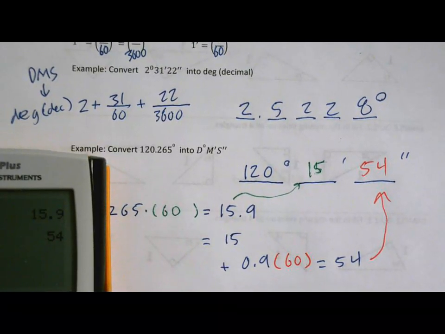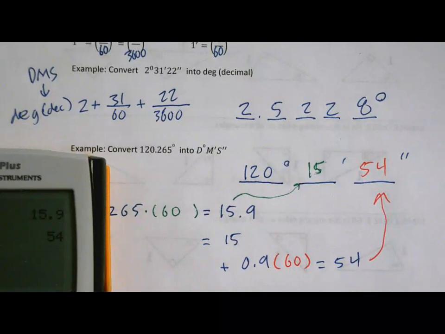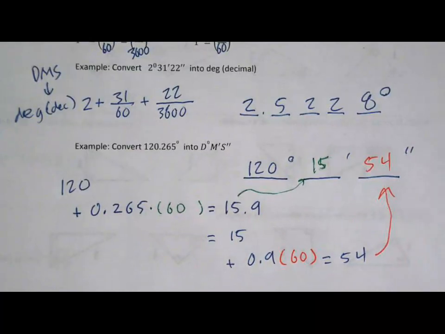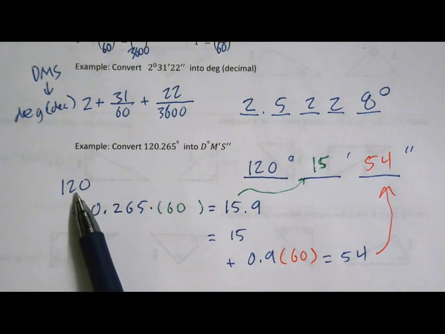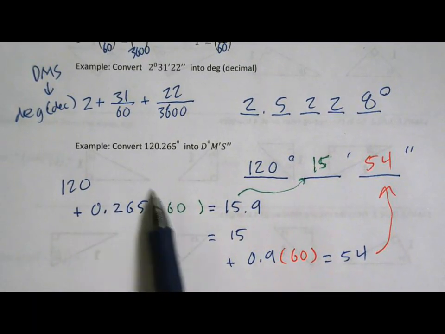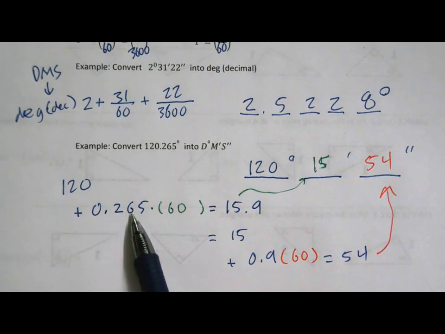Sometimes this last one will have a decimal. If that's the case, then just round it off to 1 or 2 decimal places. So this one's not so straightforward, but basically you take the whole parts, strip that off, that's my number of degrees, and then take what's left over. Okay, those are my leftover degrees. That's not a full degree. We can take this, multiply it by 60.